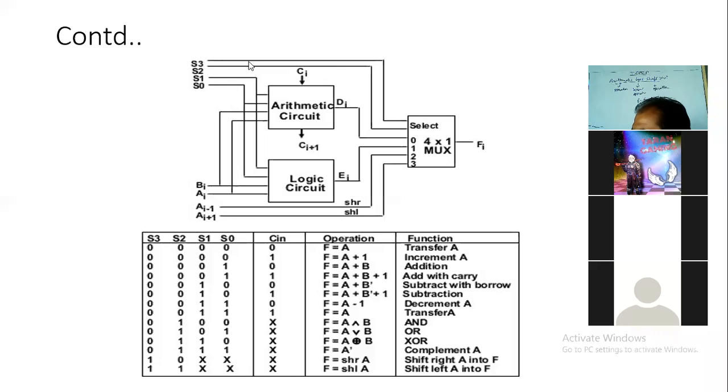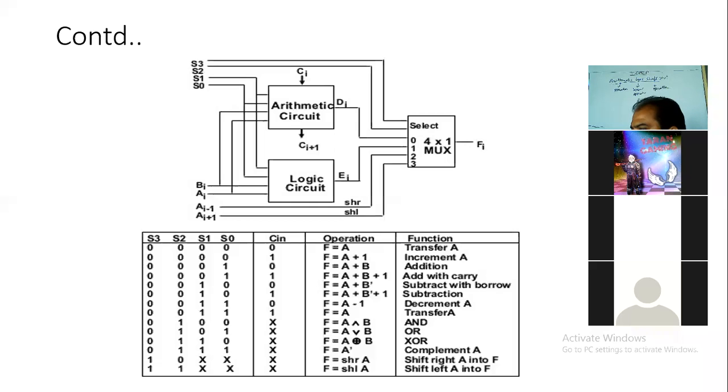S2 and S3 are used to select a particular circuit, either the arithmetic circuit, logical circuit, or shift circuit. Which of these three units to select will be determined by S2 and S3.